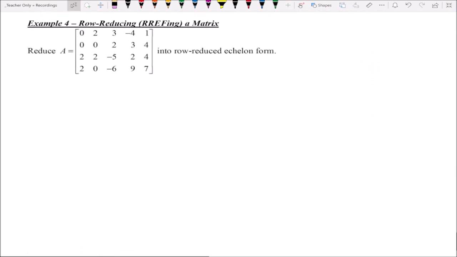What we will now do is row reduce a matrix, that is, RREFing it, putting it into RREF. Now you should notice that this is the exact same matrix as example number 3. Right, so since we've already put it into REF form, there's no need to repeat that procedure.